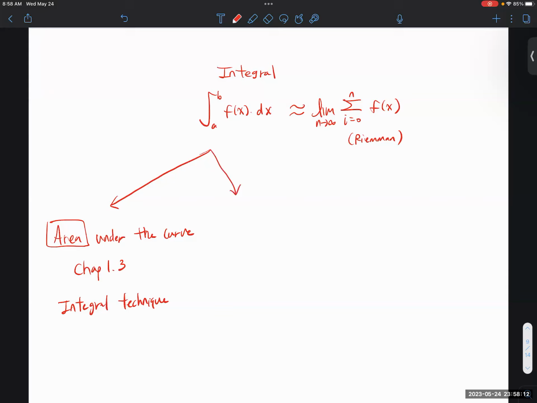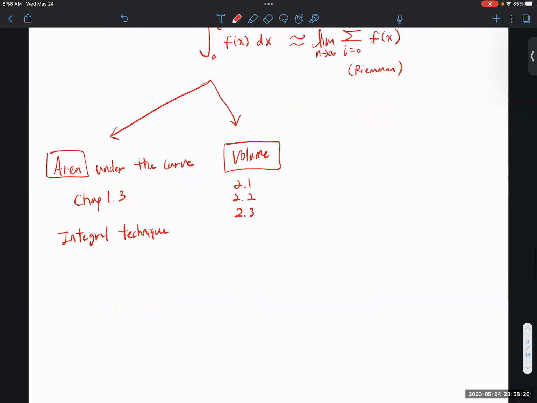And then in chapter 2, integrals also help us find the volume. 2.1, 2.2, 2.3: there was the disk method, washer method, or shell method. Check it out, right? Depending on the cross-sectional image, you add them up, and so you can find the cylinder. Or if you have two functions, we're going to use the washer method. So there's a hole.